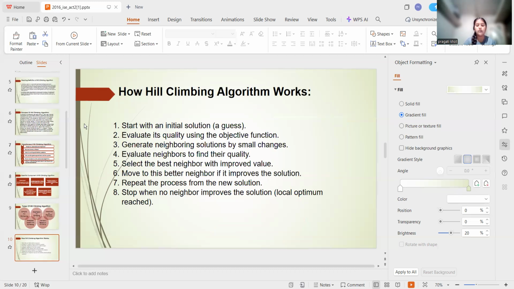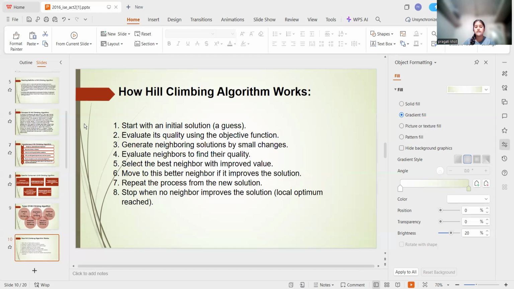The next slide is how hill climbing works. First, start with an initial solution. It means choosing a random or defined starting point in the search space. Second, evaluate its quality using the objective function. Use a heuristic or objective function to measure its quality.